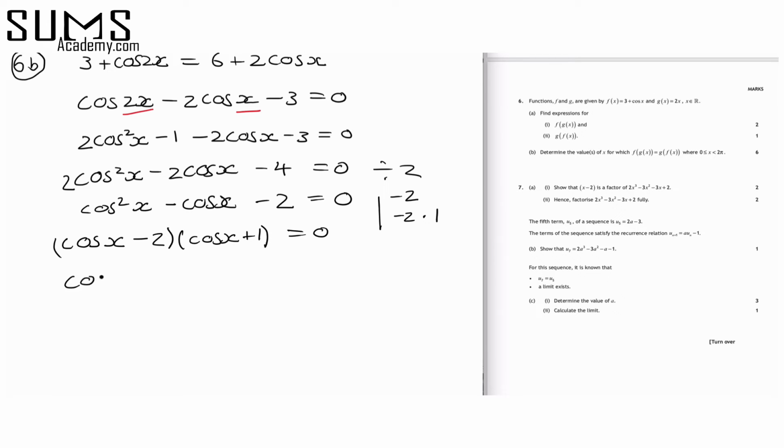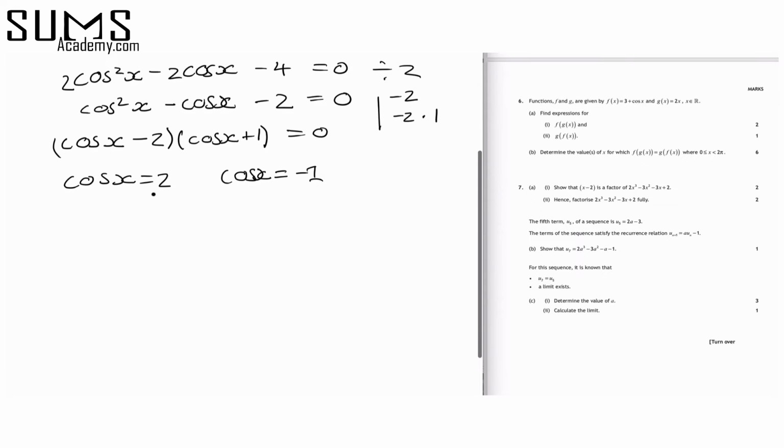So cos x is equal to 2 and cos x is equal to negative 1. Well, cos x actually can't be equal to 2, so there's no solution for this.